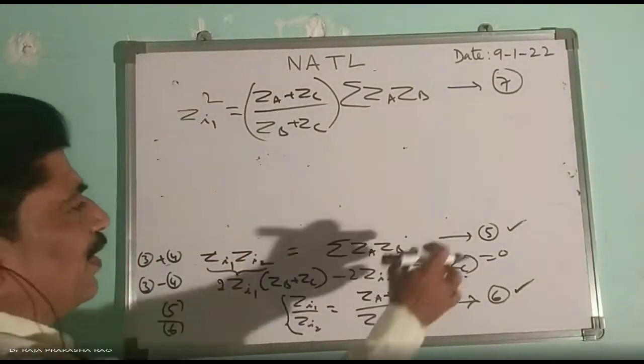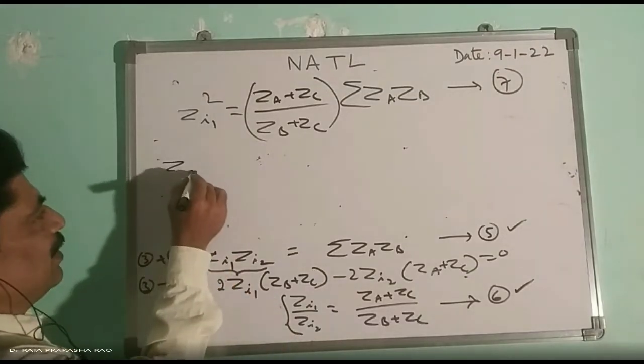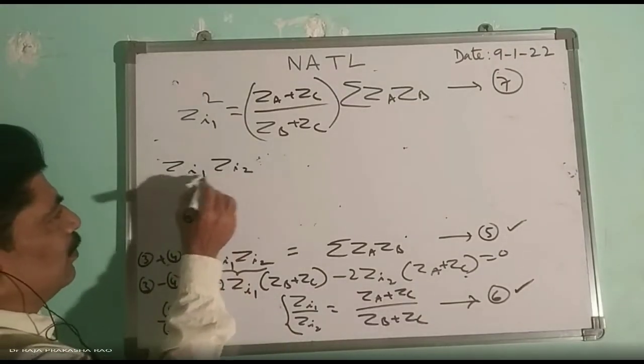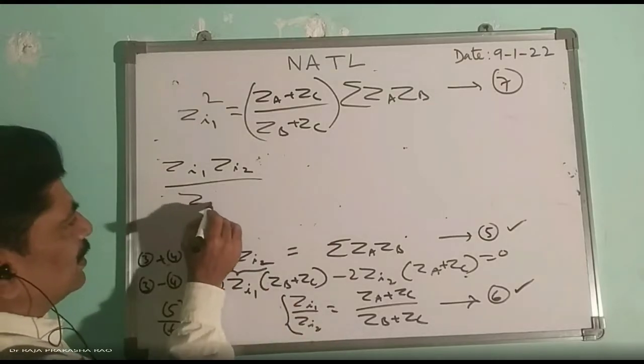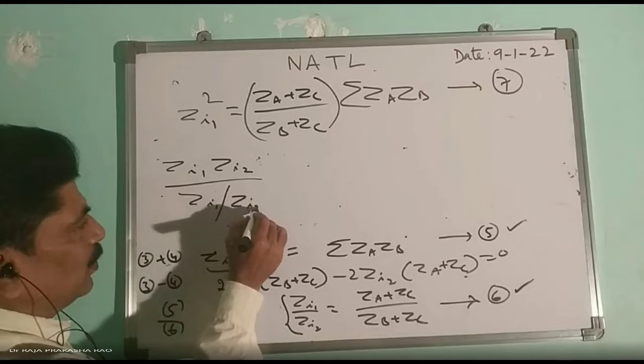Let us divide 5 and 6 now. Zi1 into Zi2 by Zi1 by Zi2.